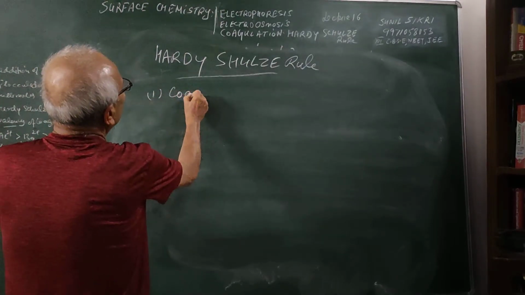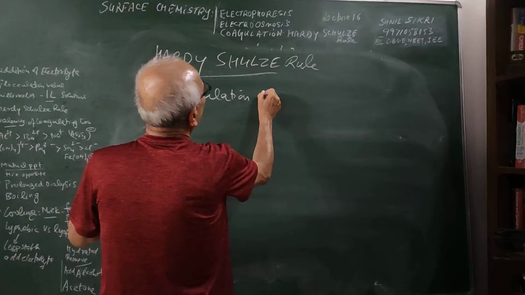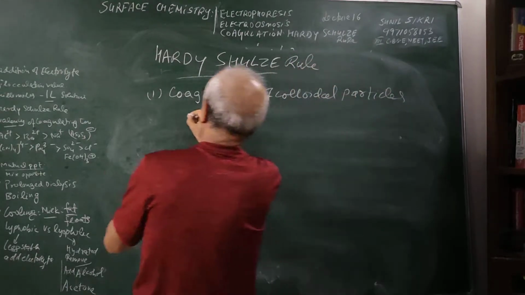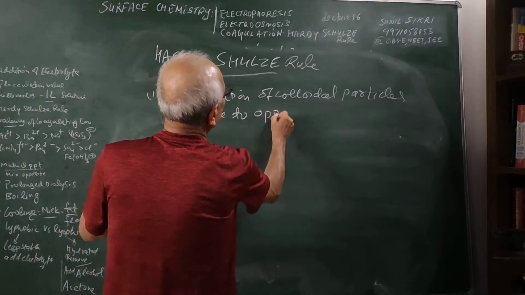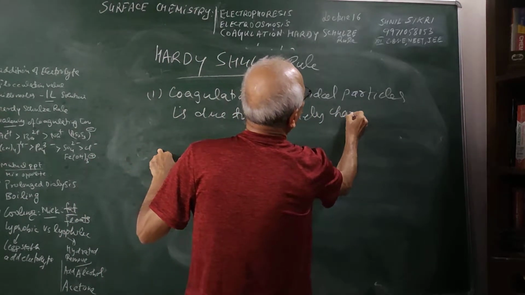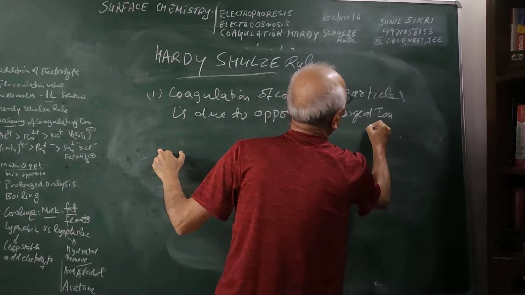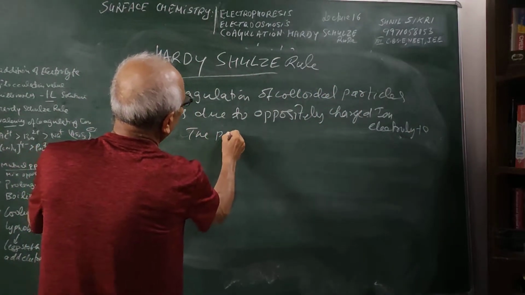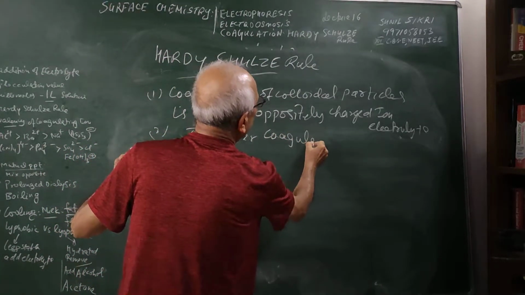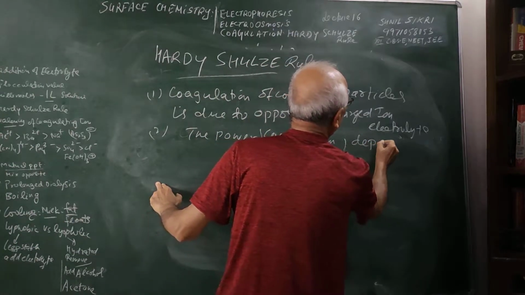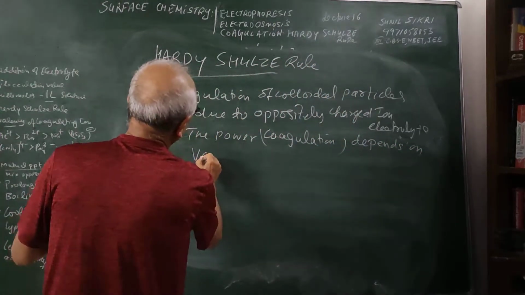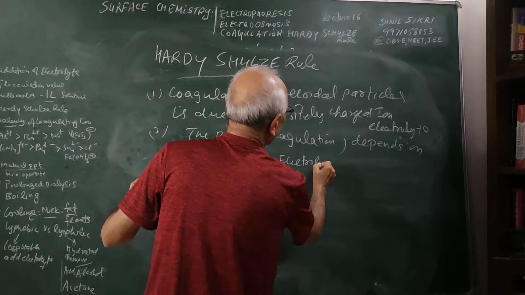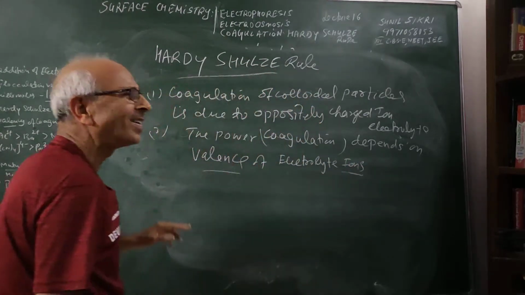He said the coagulation of colloidal particles is due to oppositely charged ions of the electrolyte, and the coagulation power depends on the valence of the ion of the electrolyte involved in the coagulation.